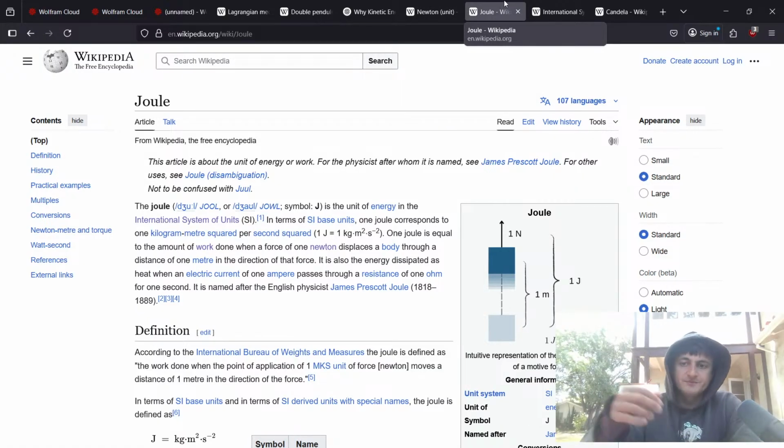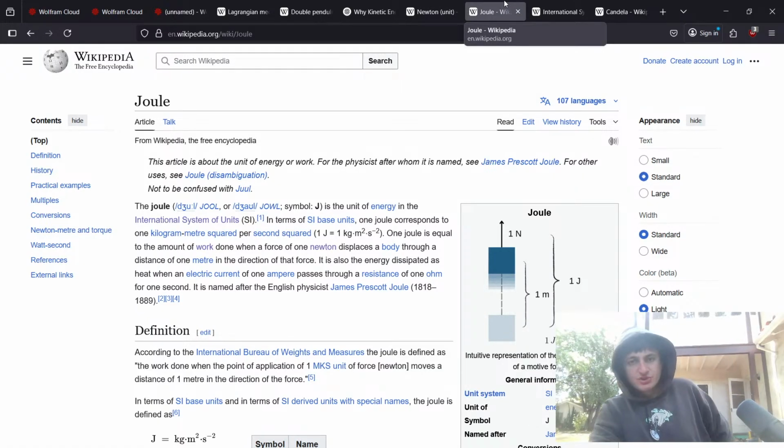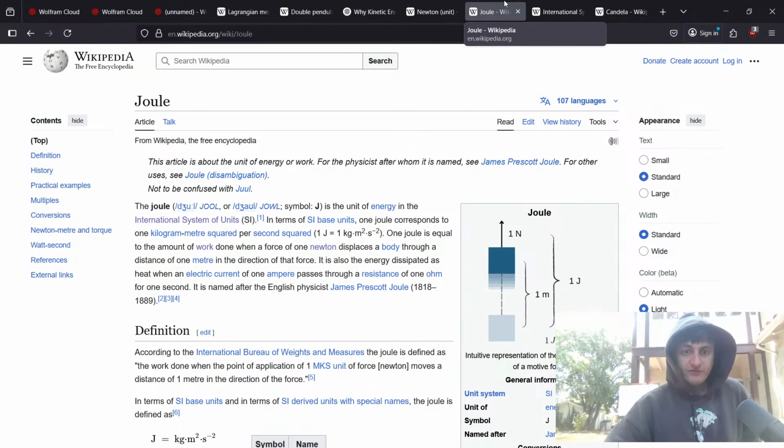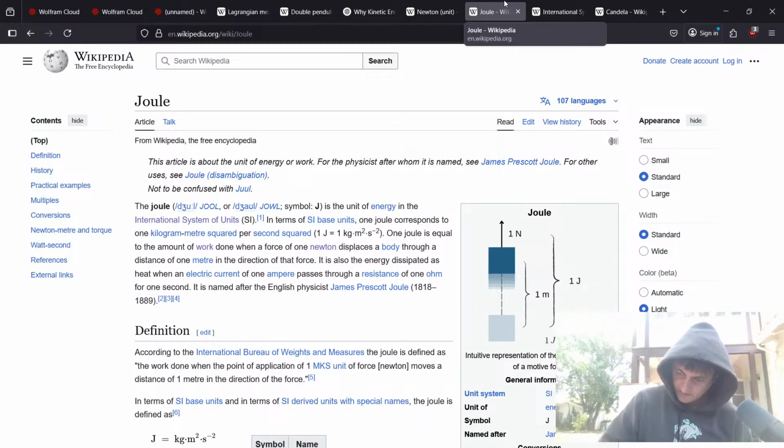It's just very beautiful. Okay, so the joule is the amount of work. This is the unit of work, and the Newton is the unit of force.